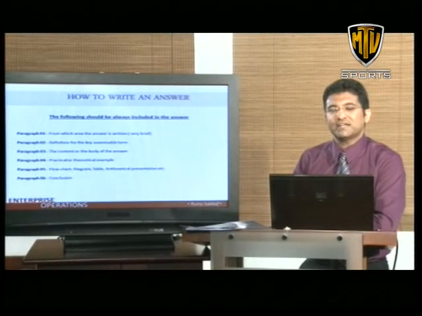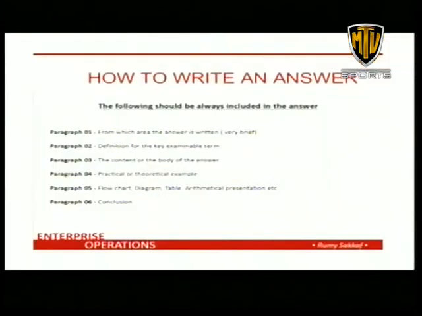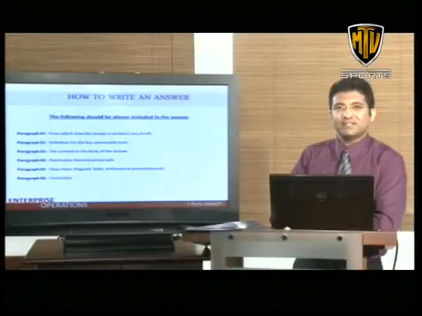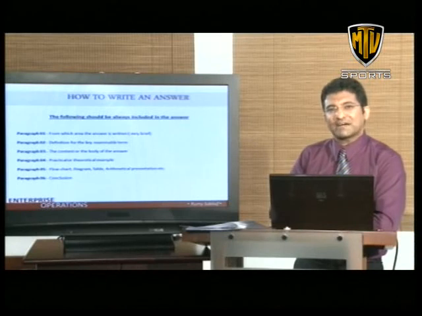Disadvantages can be written as points where you elaborate each point, as in paragraph number 4. When you are elaborating one point, you can use practical or theoretical examples, such as X and Y, or a more suitable practical example, to indicate to the examiner that it's not only the theory that you know, but also the practical approach.